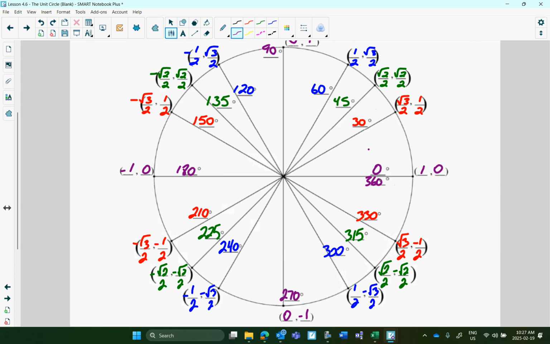Like, look at the end. They're all over 2. So that's one thing you can commit to memory. But notice how it goes root 3, root 2, root 1, which is 1. And then it goes 1, root 1, root 2, root 3. Because really, if you can remember the ones here, these ones are pretty straightforward because they all have the same values.